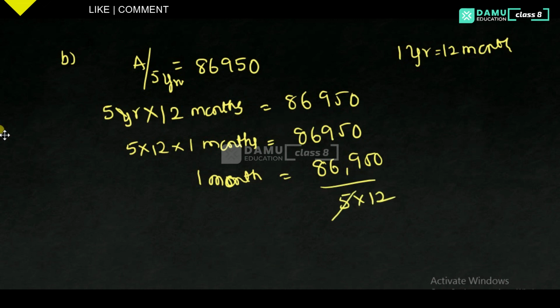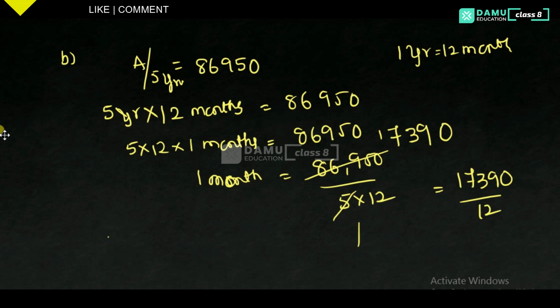So you can divide by 5. 5 ones are 5, then 5 sevens are 35, 5 threes are 15, 5 nines are 45. That will be equal to 17,390 by 12. So the monthly installment will be 17,390 by 12.